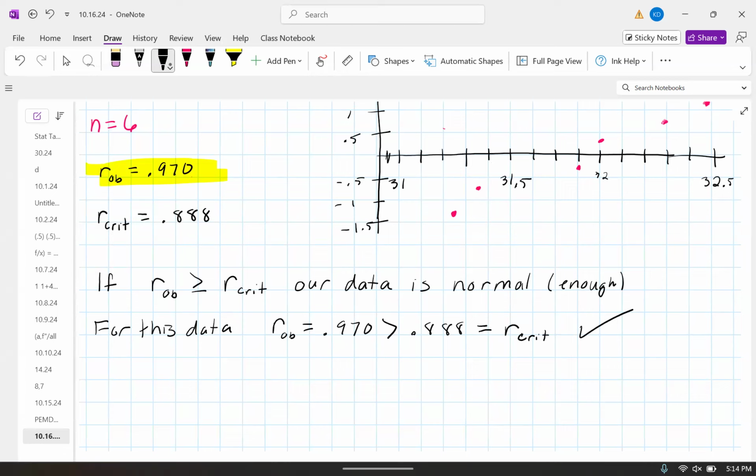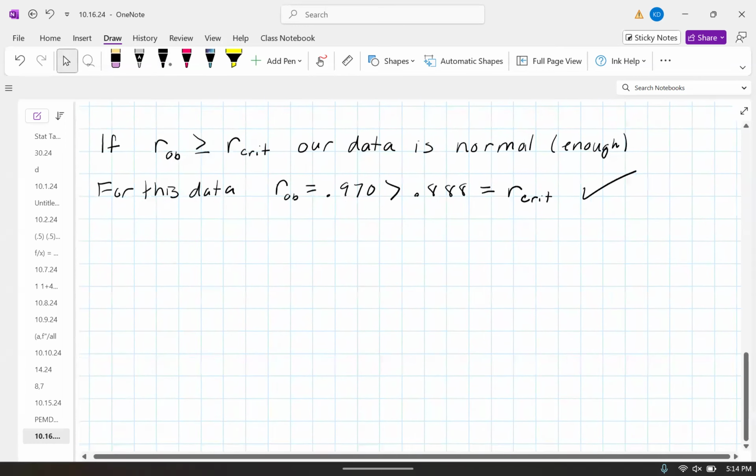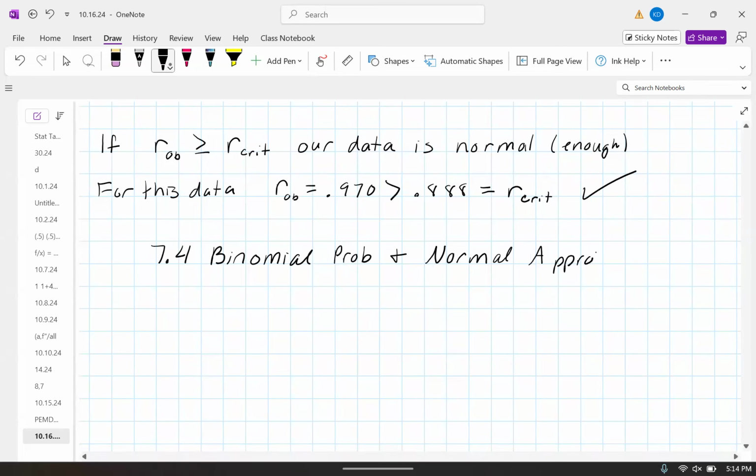7.4 is binomial probability. So they just jump in saying, hey, this is how we know binomial probability is normal.